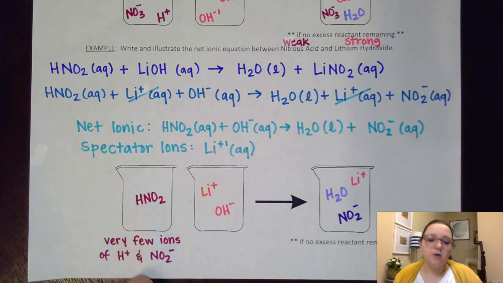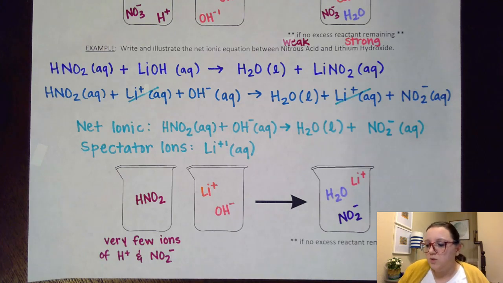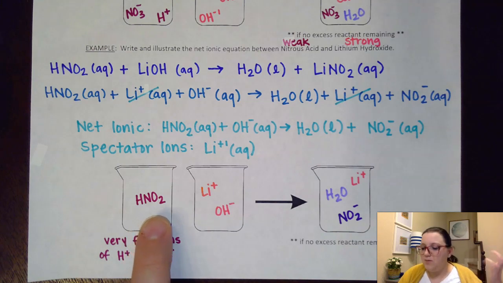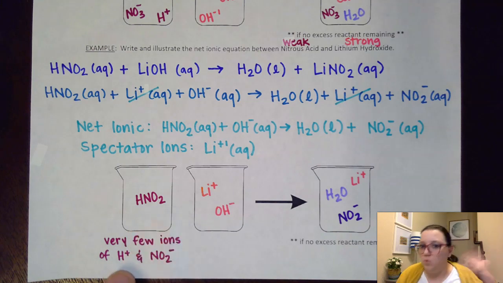Now you notice I put a comment down here. I put that there's very few ions of H and NO2. The reason why I put that is because technically, are there a few of those ions in there? Sure. Remember, it dissociates just a little itty bitty bit. So to really show on a particle diagram that little itty bitty bit, I would have to draw 100 of those HNO2s and maybe one hydrogen ion and one nitrite ion.